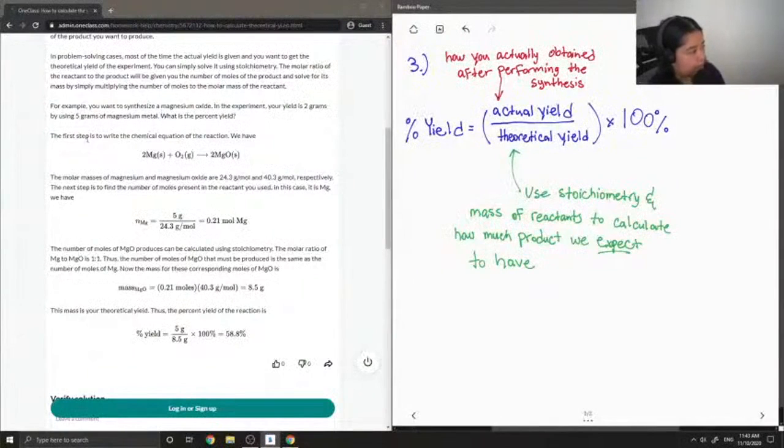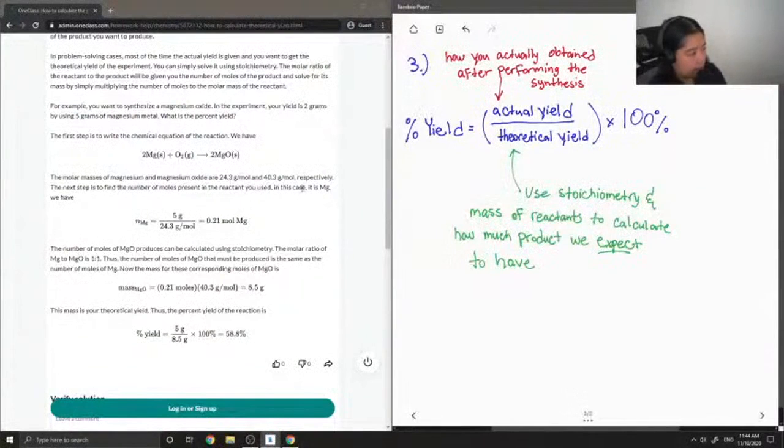So here they wrote out the chemical equation. 2 moles of magnesium with 1 mole of oxygen gas produces the magnesium oxide product. The molar masses of magnesium and magnesium oxide are 24.3 grams per mole and 40.3 grams per mole respectively. The next step is to find the number of moles present in the reactant you use.